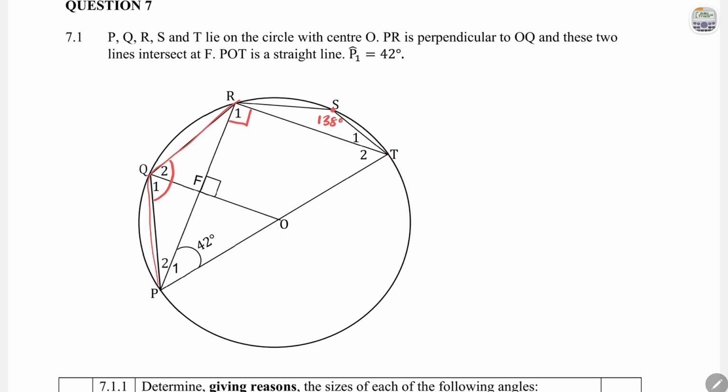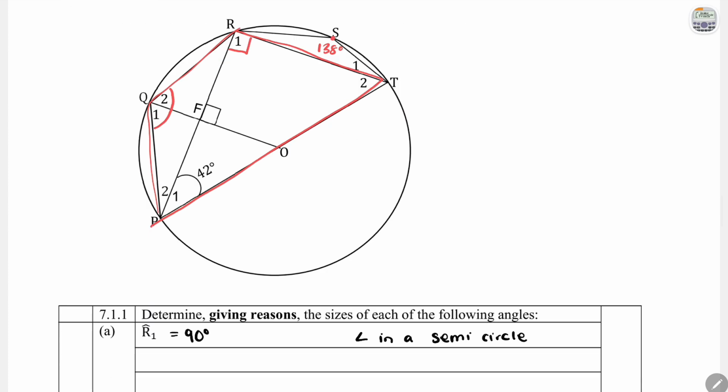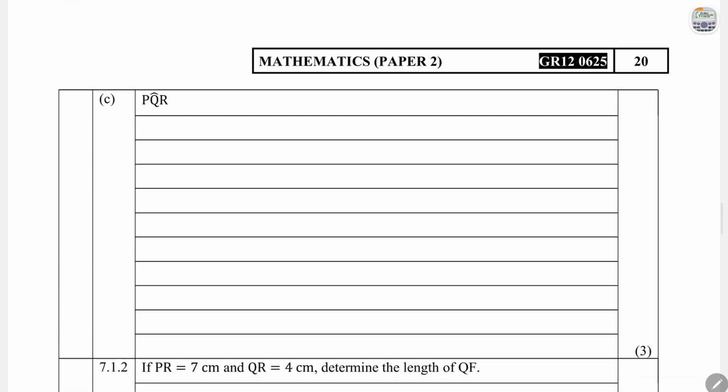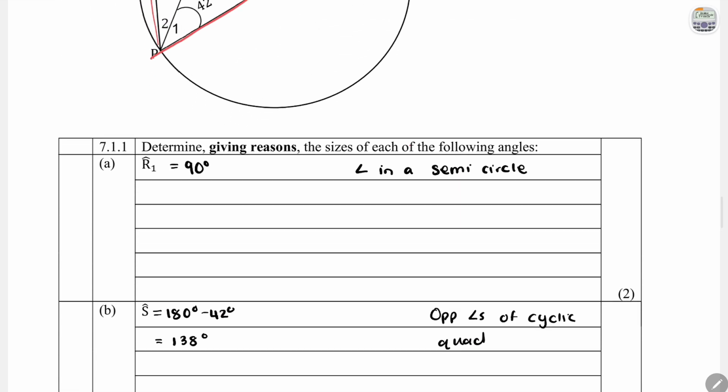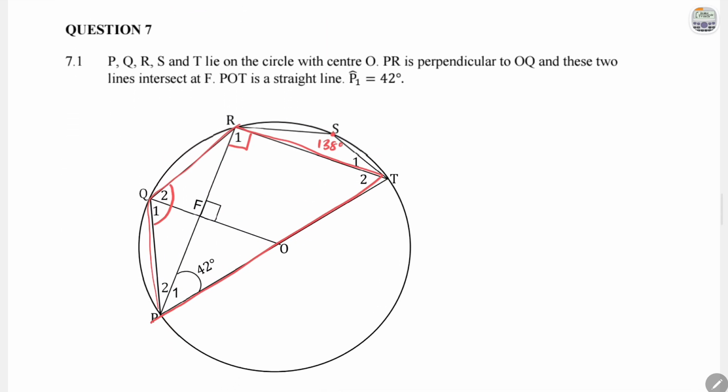So let us join 4 points. Here we can join to T and then to P. So we have a cyclic quad again. In order to find angle Q, you can just check the mark allocation for this. This is 3 marks, so it wouldn't be the same one-step process like the previous question.